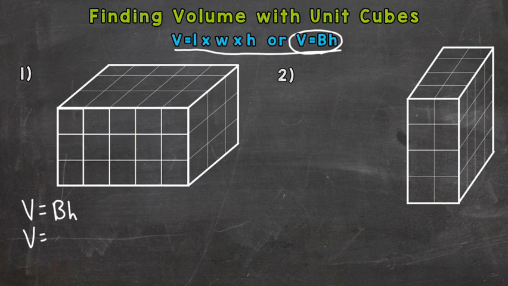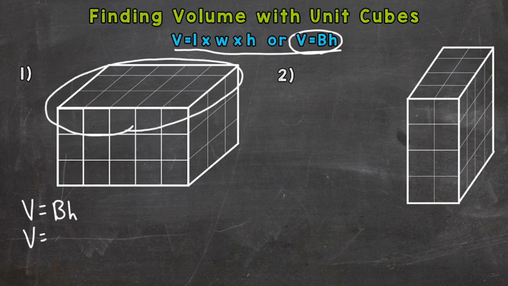Hopefully, you got to the answer of 15. That's the area of the base, or area of one of the layers, is 15. Now we can find the volume, or how many unit cubes take up that shape, by multiplying one layer by how many layers there are. And there's 1, 2, 3 layers.